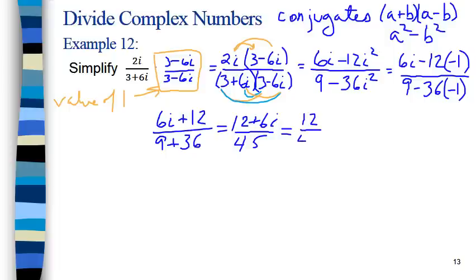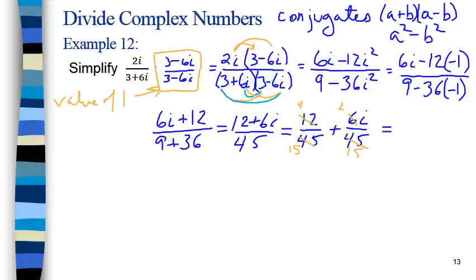So we end up with 12 over 45 plus 6i over 45. This fraction can be reduced by 3, so we end up with 4 over 15. And this fraction can also be divided by 3, so we end up with 2 over 15.